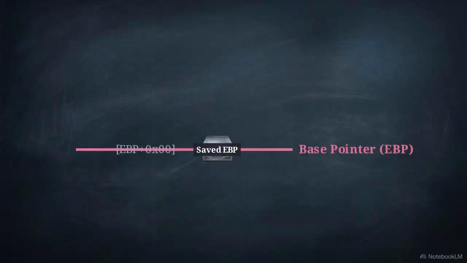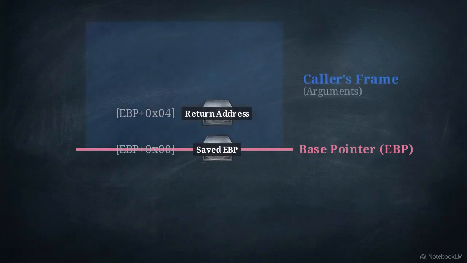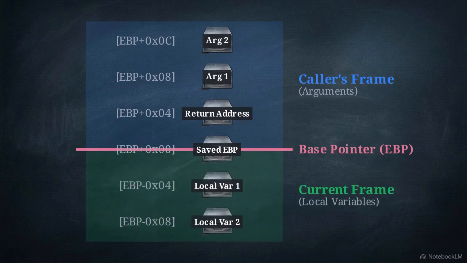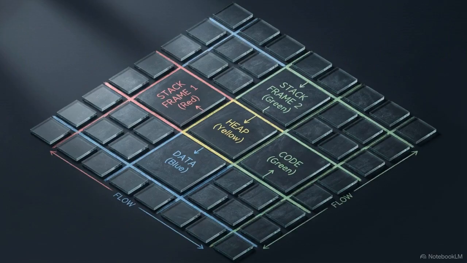In a 32-bit stack frame, memory structure is strictly defined. Above the EBP boundary are the caller's arguments, located at EBP plus 0x08 and EBP plus 0x0c. Below EBP are the current frame's local variables, located at EBP minus 0x04 and EBP minus 0x08.